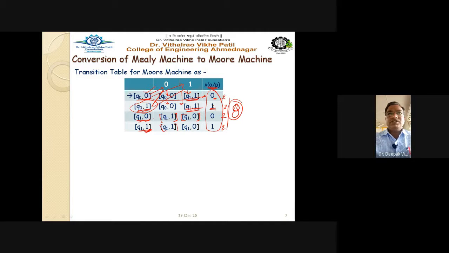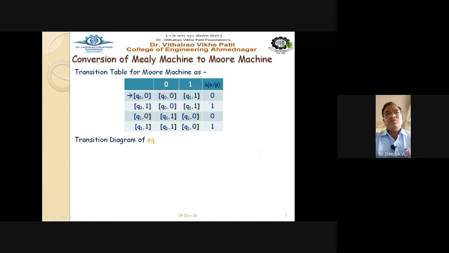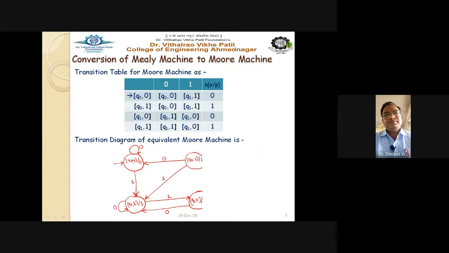So from this transition table, we have to draw the resultant transition diagram for the Moore machine. So the equivalent Moore machine can be drawn this way. Okay, so first take the first state here, Q00. This is the first state. The output is 0, so that's why give a mark /0.